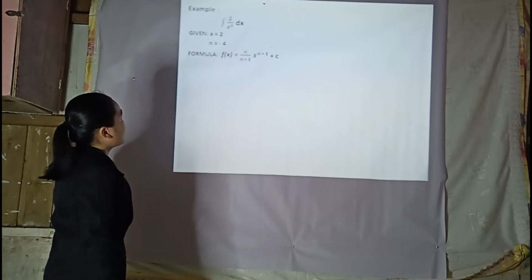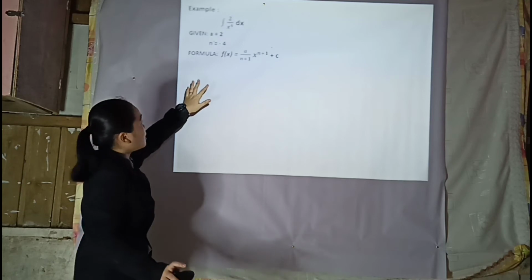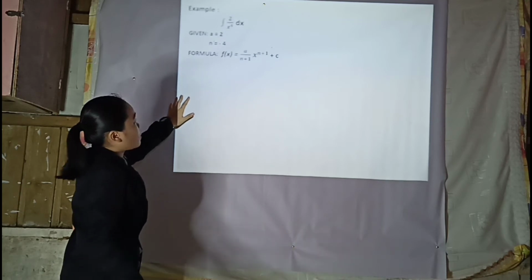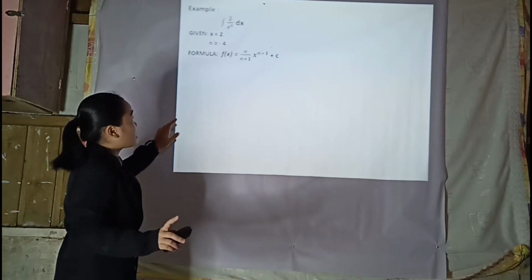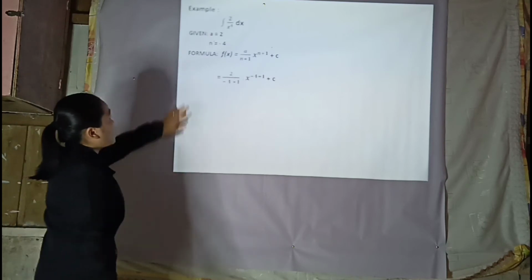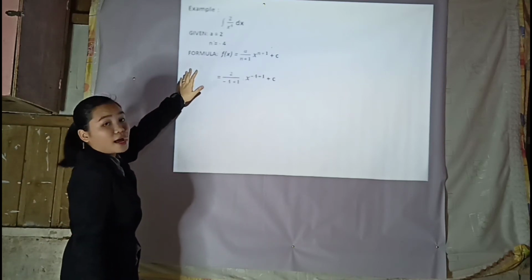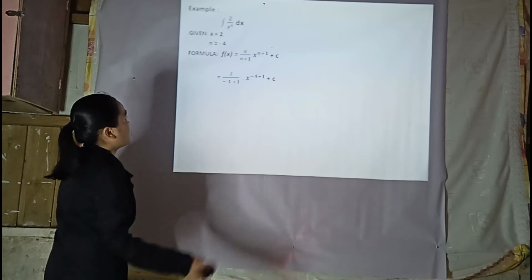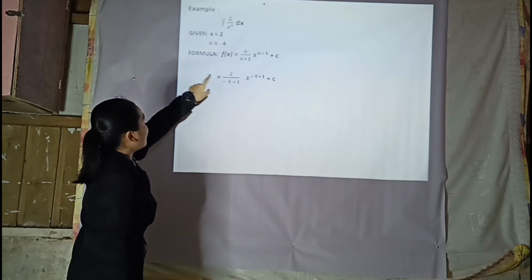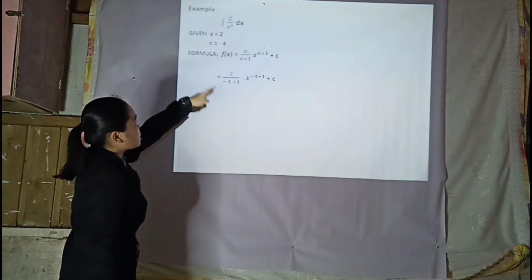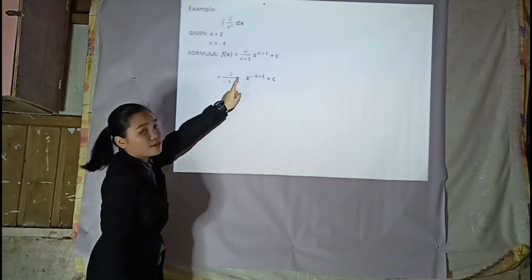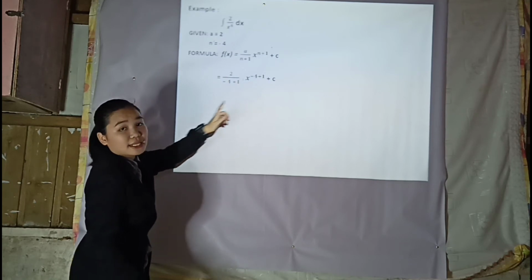Our formula is a over n plus 1 times x raised to the power of n plus 1 plus c. So, we will substitute the value of a and n in the formula. Since our a is 2, so 2 over n, which is negative 4, plus 1, times x raised to the power of negative 4 plus 1, plus c.